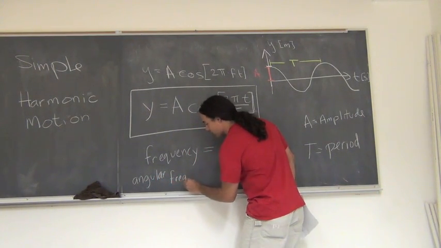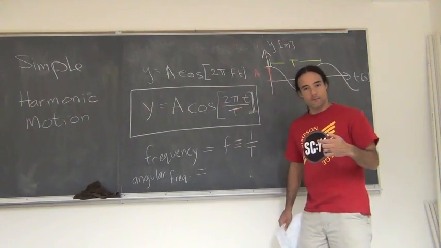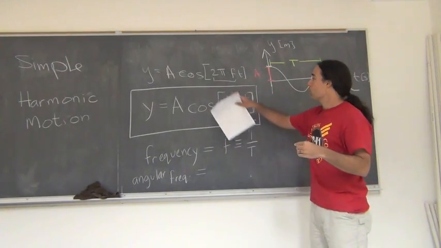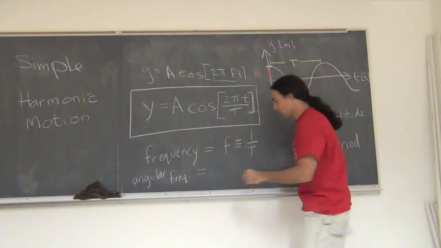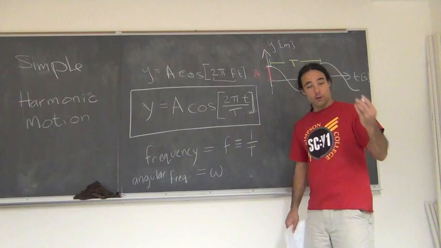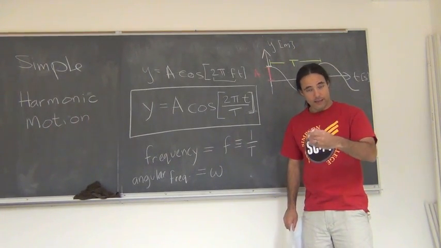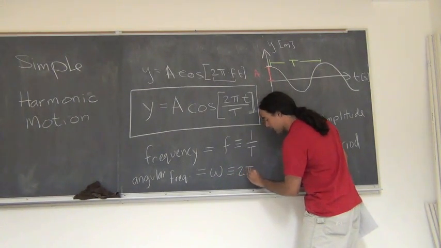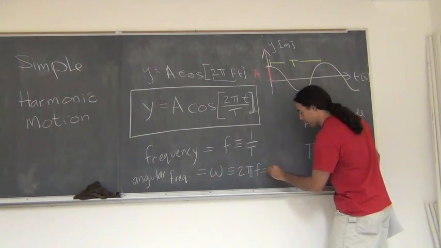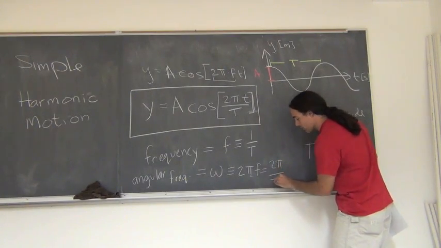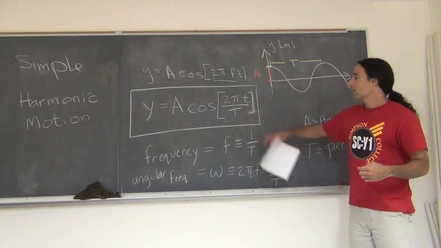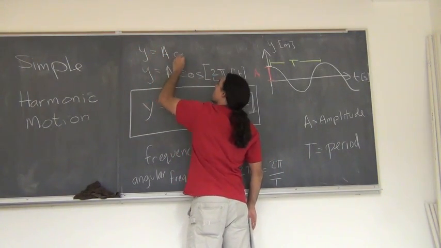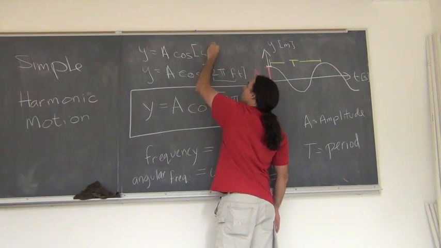And the angular frequency is sort of a nickname for this part of the equation. Essentially what we do is we absorb the 2 pi into the frequency. We give it a new name. It looks like a W, but it's actually the Greek letter omega. Call it the angular frequency. And this is equal to 2 pi times the frequency, or equivalently, 2 pi over the period. So that I can rewrite my equation of motion as y equals A cosine omega t.